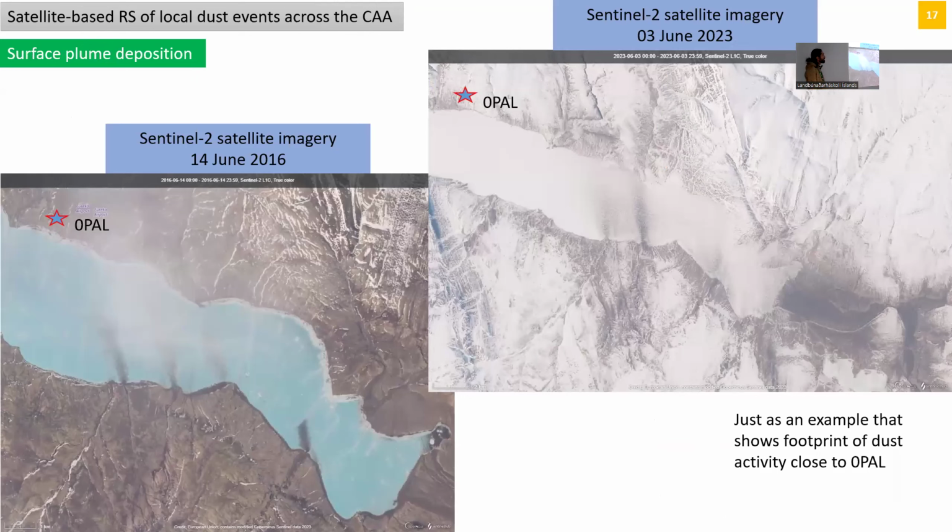Also, during our dust plume investigation, we saw kind of footprints of deposited dust over different regions. These are two examples from 14 June 2016, close to Opal Station. You see the footprints of dust on the ice, and the right one is another example in this region, very close to Opal, on the snow.